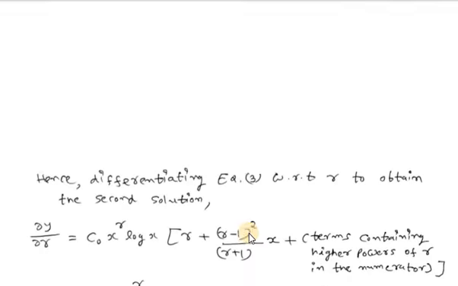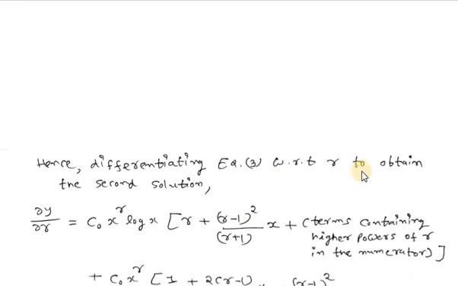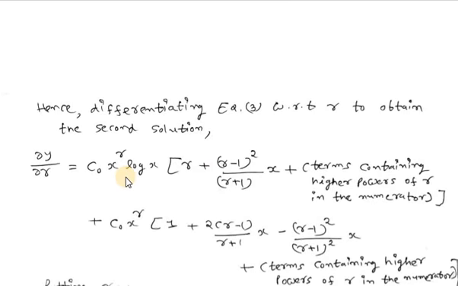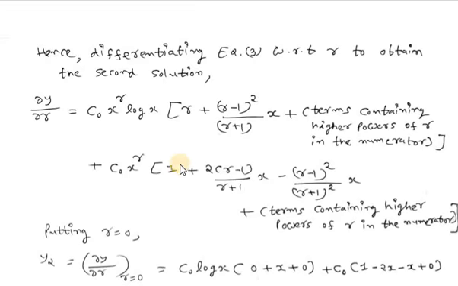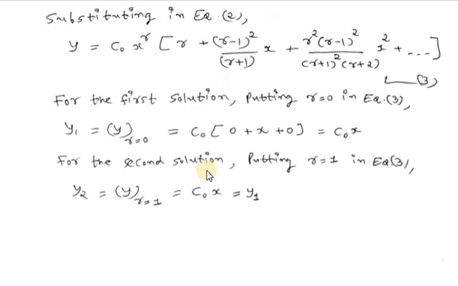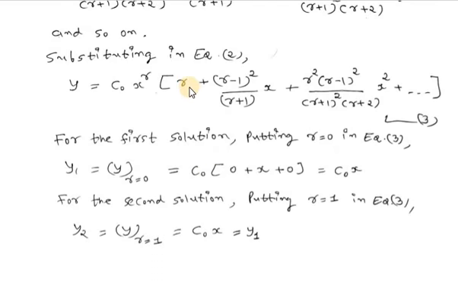Okay. Now differentiating equation 3 with respect to r to obtain the second solution. So del y by del r. We have to apply the product rule. So this term will be as it is.